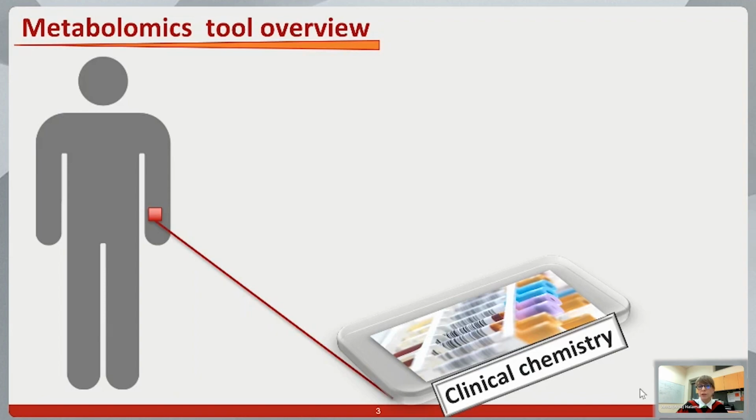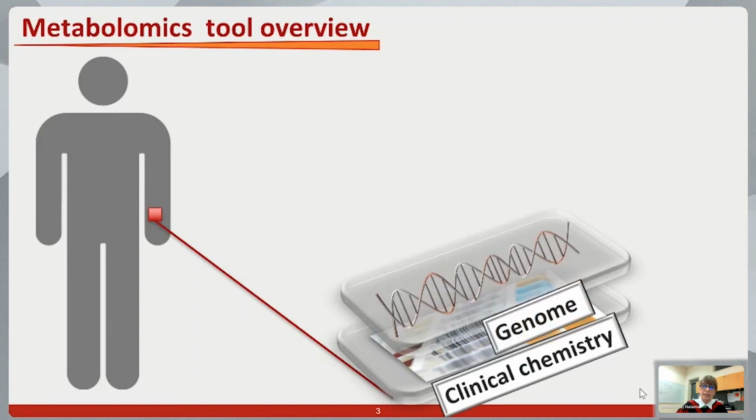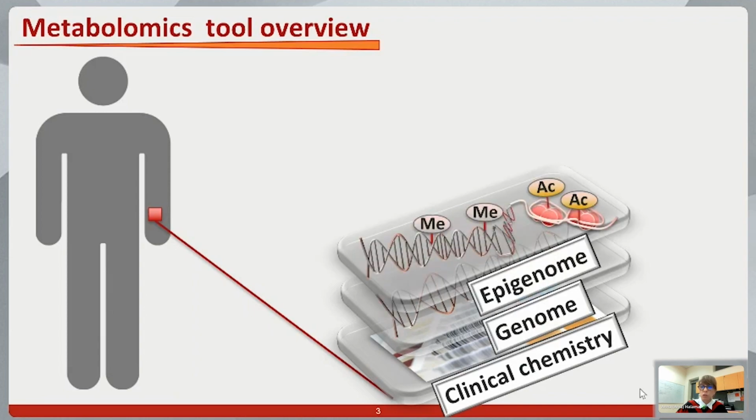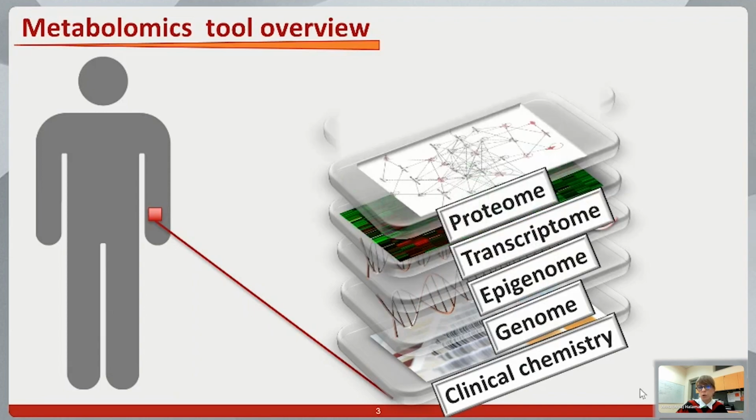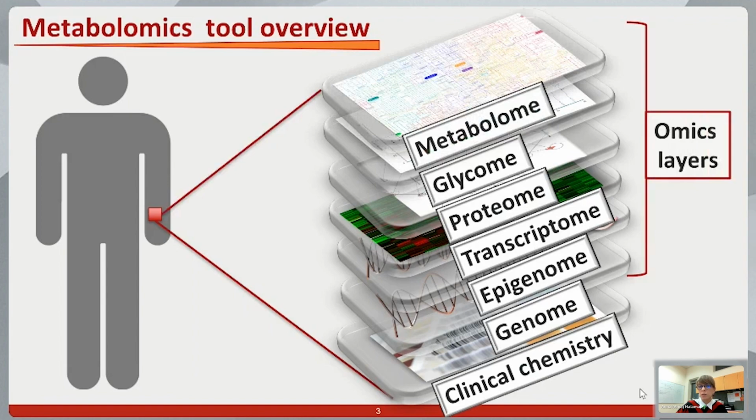But unfortunately, they are limited in their capacity to really capture complex diseases and identify the processes which might be more optimal for patient stratification and treatment. Thus the development of genomics, epigenomics, transcriptomics, proteomics, glycomics, and metabolomics, which are all omics layers, provides further insight and gives us more information and a better characterization of human pathologies and also physiological situations.